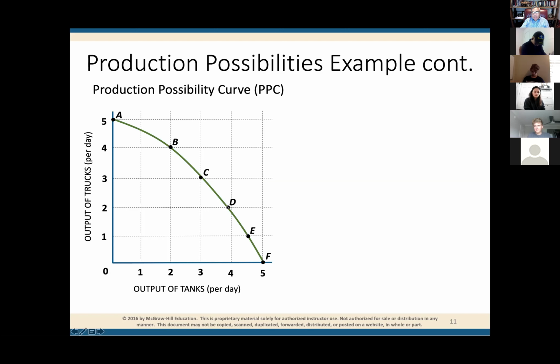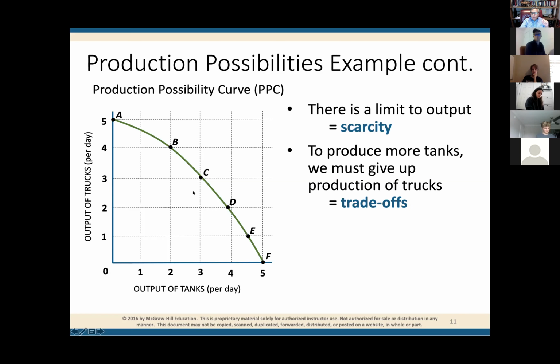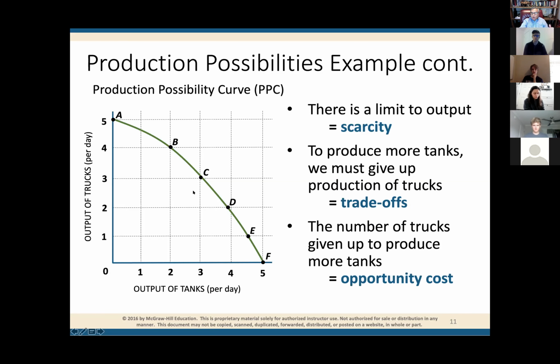If I am at D and I decide to move my production to more trucks, what is my cost? Well, I lost almost one tank and I gained one truck, so my cost will be one, and so on. So that's opportunity cost. Very simple, guys. I don't want to insult your intelligence because these are very simple concepts to understand. So there's always a trade-off.